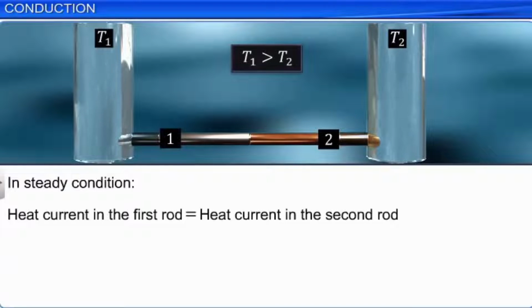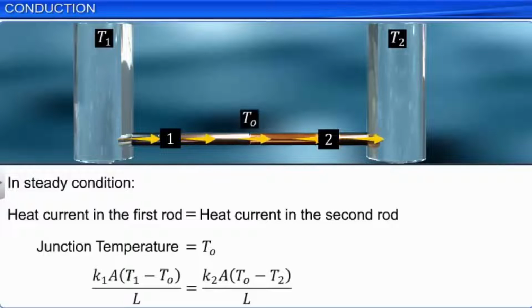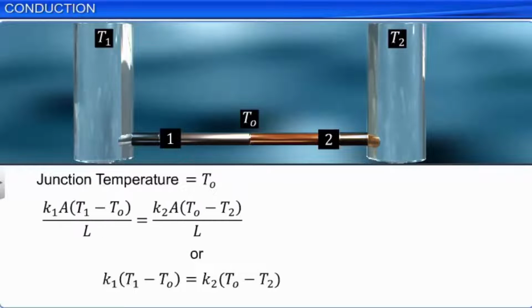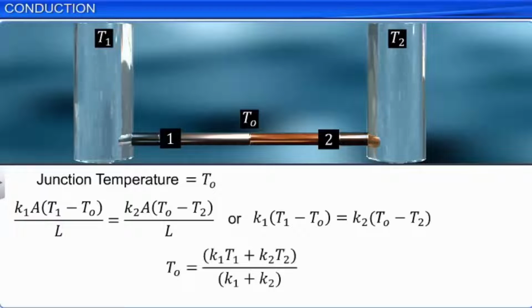If the junction temperature is T0, then K1 A into T1 minus T0 by L is equal to K2 A into T0 minus T2 by L, or K1 into T1 minus T0 is equal to K2 into T0 minus T2. The junction temperature T0 is equal to K1 T1 plus K2 T2 by K1 plus K2.